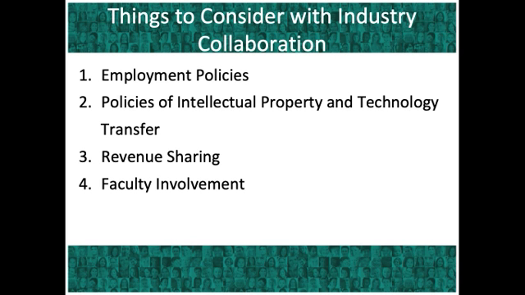You have to consider revenue sharing, not only what is industry giving the institution, but what are you as a faculty member or a researcher getting in terms of that financial benefit, given that the patent itself is owned by the university and not you directly.